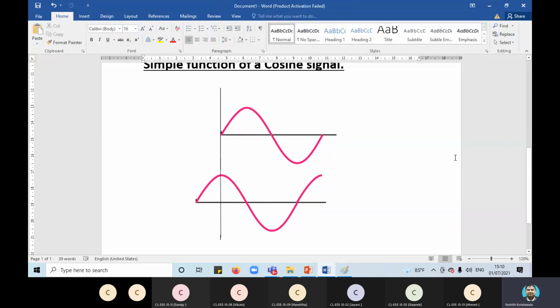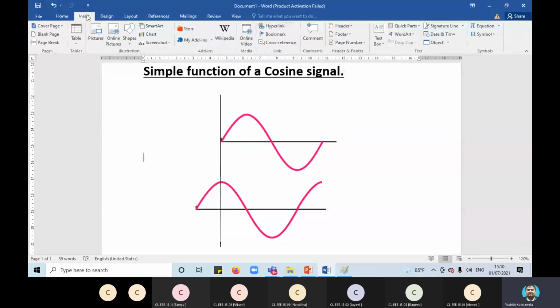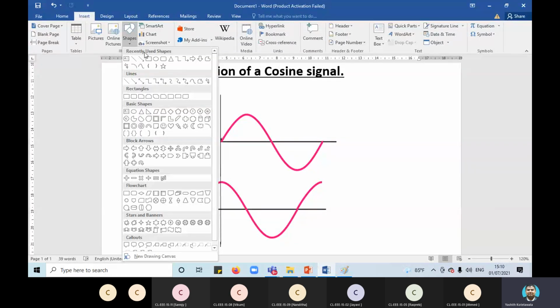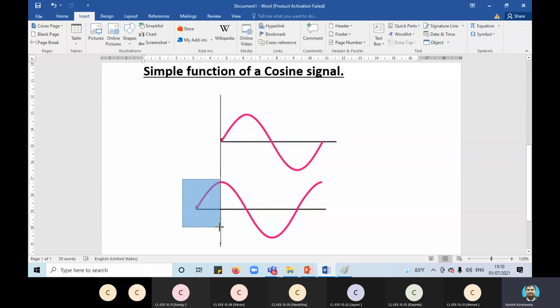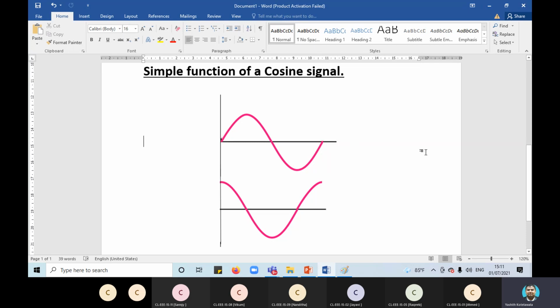So now here in the second picture what you see is a cosine function graph. So wherever you see this bit, that is the cosine signal. Alright, so this is a cosine signal. Everyone can see. The first one is sine, the second one is cosine.